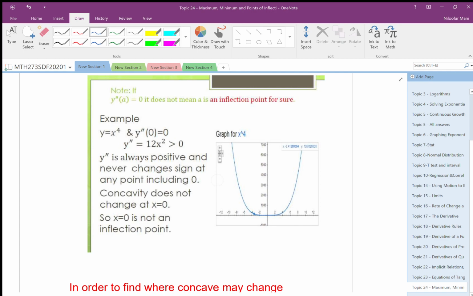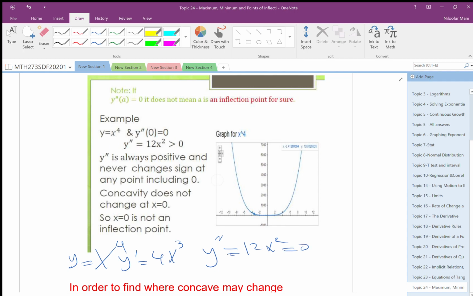Look at this graph. This graph is y equals x to the power 4. The first derivative is 4x cubed, and the second derivative is 12x squared. If I set it equal to 0, I find x equals 0.